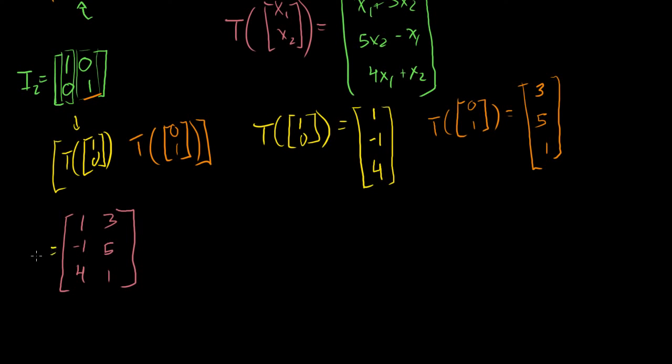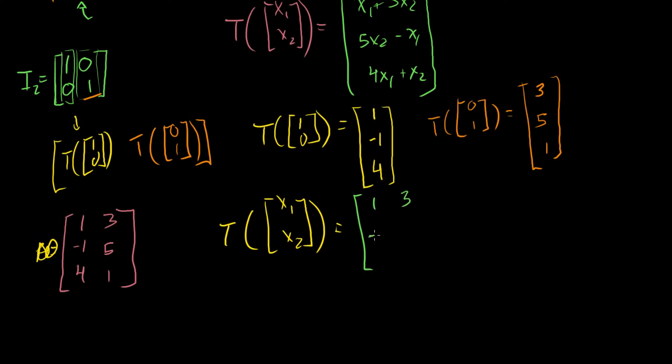So if we define this to be equal to A, we can now write our transformation of x1, x2 as the product of this matrix, the vector 1, 3, minus 1, 5, 4, 1, times our input vector x1, x2. Which is super cool, because now we just have to do a matrix multiplication. And if we have some processor that does this super fast, we can then use that.